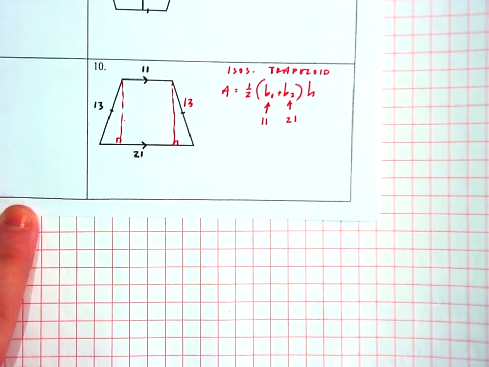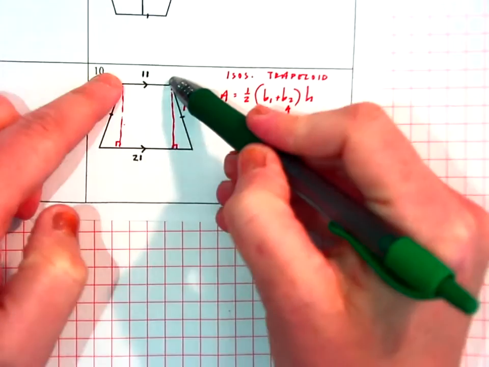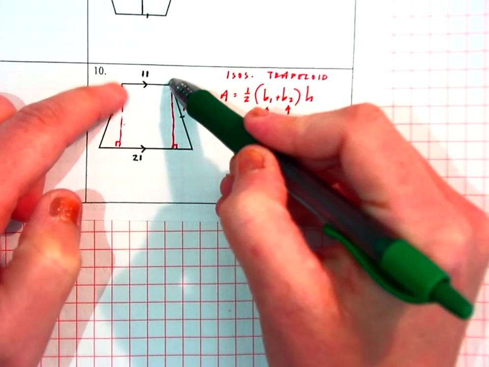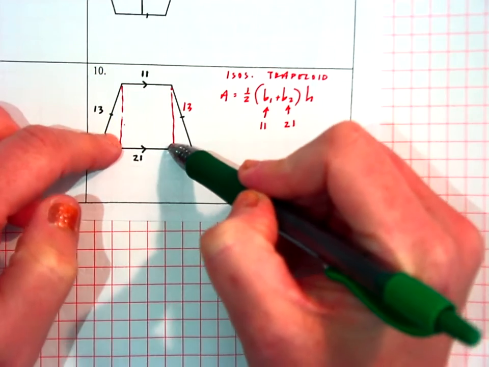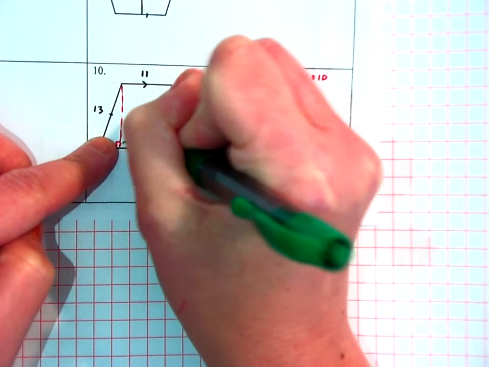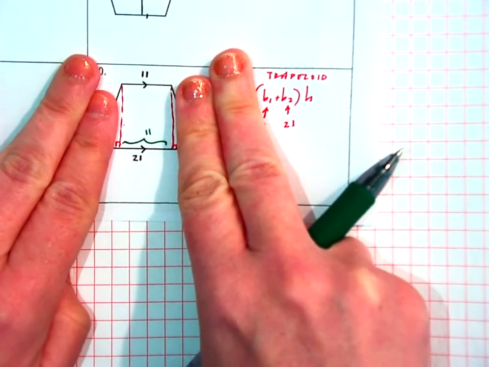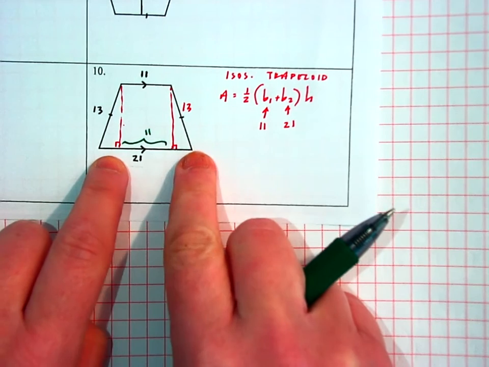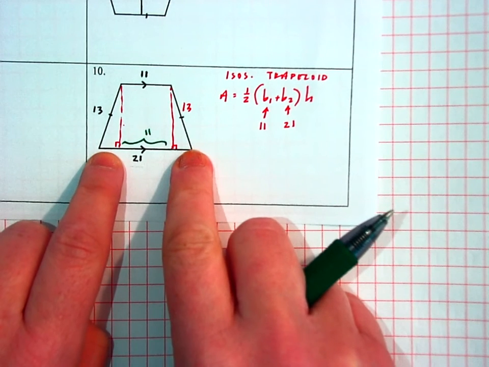So what I can picture then is this top base, the smaller of the two, its measure is 11. If I can picture it sliding down into this position right here, I can picture that this chunk is really a perfect rectangle, and I have these two right triangles that are congruent on either side.